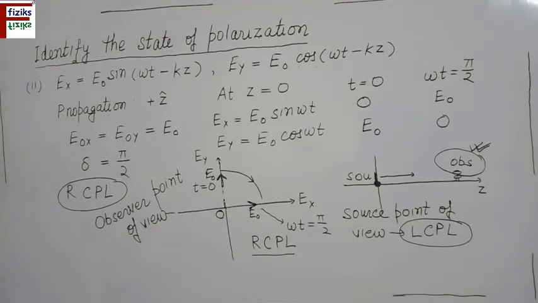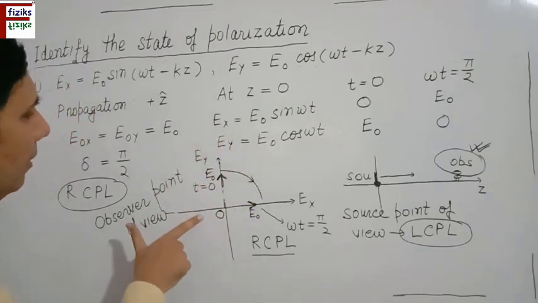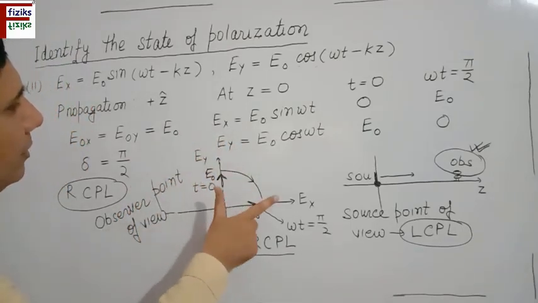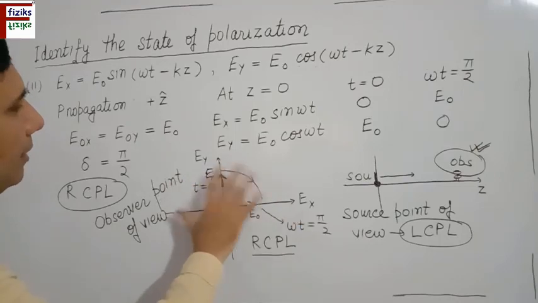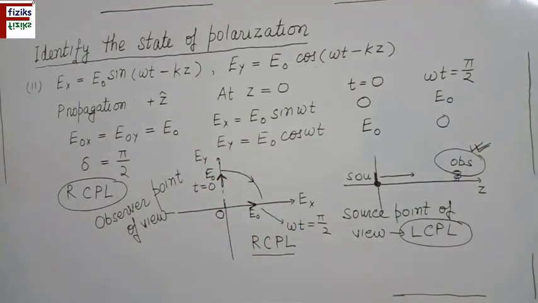One is the observer point of view, which is the observation made by us on this EX-EY plane. Whatever we observe on the EX-EY plane is the observation made by the observer standing on the positive z-axis at a large distance, and light is moving towards the observer.